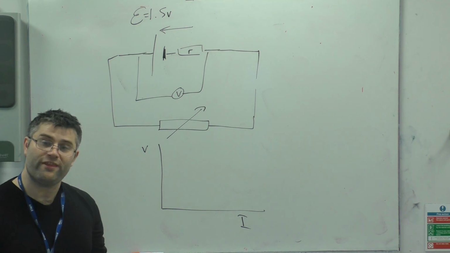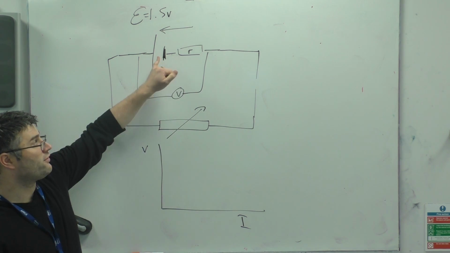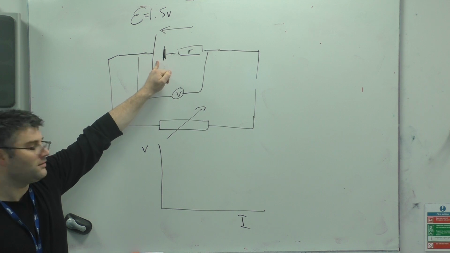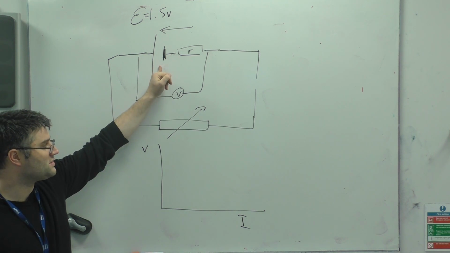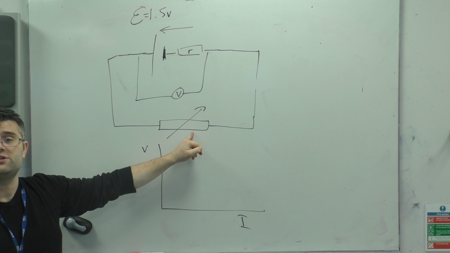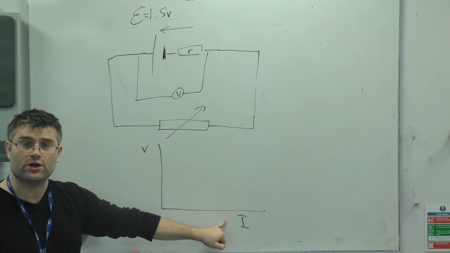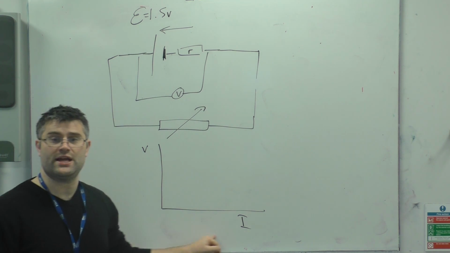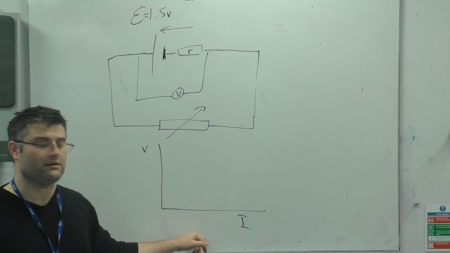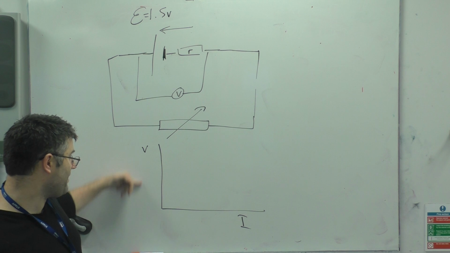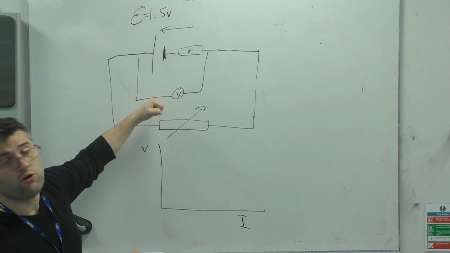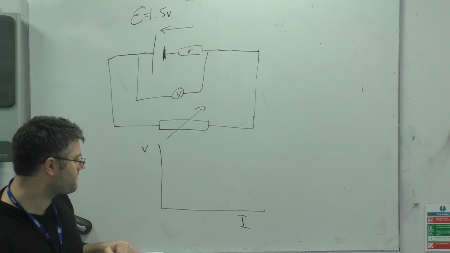The reason for that is because I've got a fixed battery. I'm not changing the voltage this time. This time, I'm changing the resistance. By changing the resistance, I change the current. So the current is what I'm changing here. That's my independent variable. My dependent variable is the voltage that I get out across my battery.